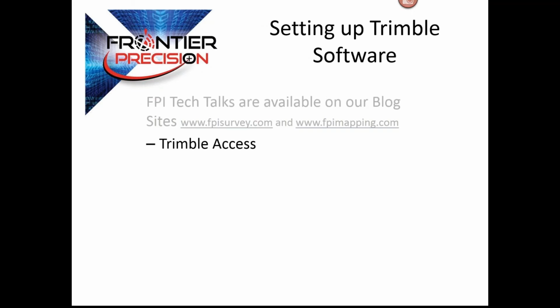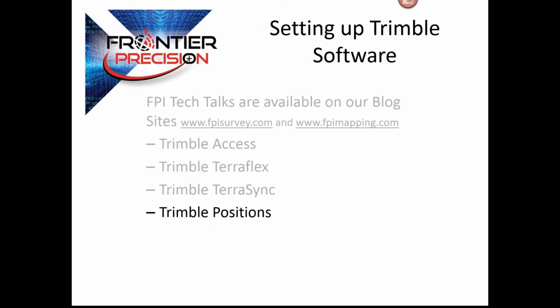So you'll see how to set up Trimble Access, which is how to set up a GNSS contact and a VRS survey style, how to set up Trimble TerraFlex for use for Trimble real-time networks. Same thing with Trimble TerraSync. Same thing with Trimble Positions, and the new Trimble GNS Status Utility for the Trimble R1.